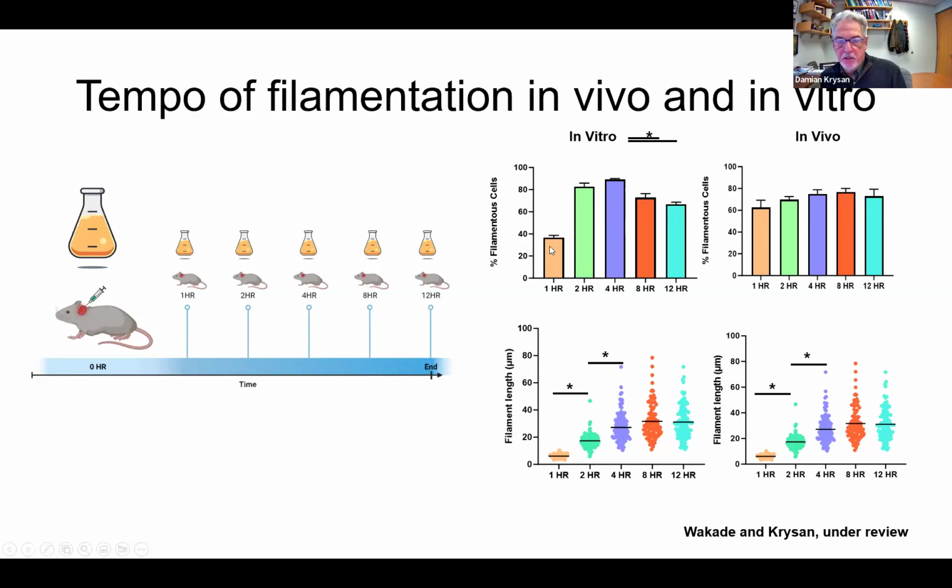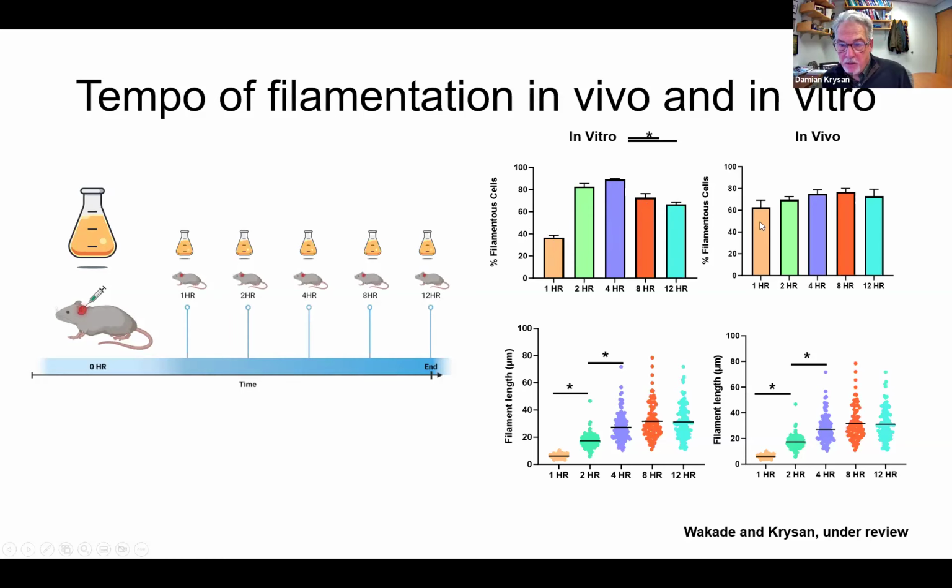If you look in vitro, you see about 40% of the cells have formed filaments within the first hour. By 2 hours, they have peaked at 80–85%. And then there's actually a slight but statistically significant decrease in the percentage of filamentous cells as you go out to 8 to 12 hours.